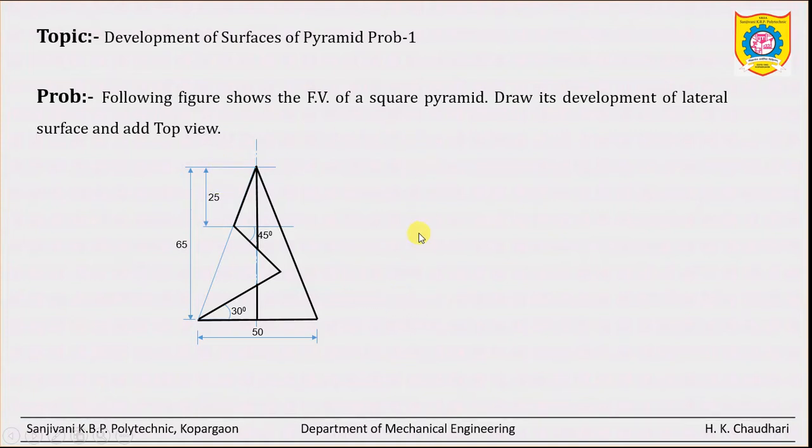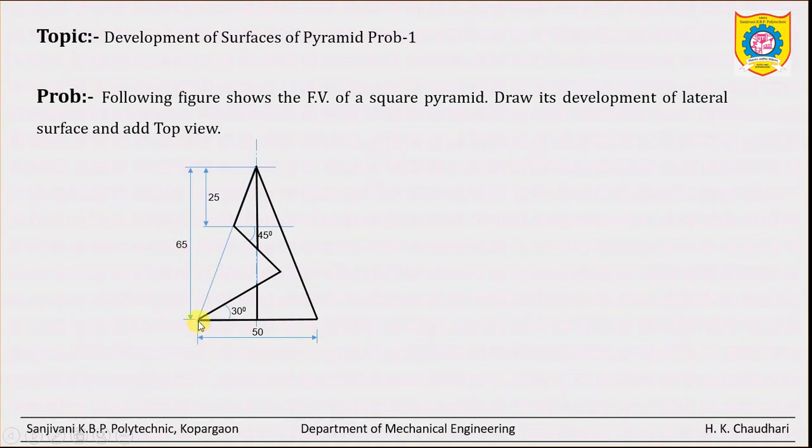So given is the front view of the pyramid. Our aim is to draw the front view first. See the dimensions. The overall height of the pyramid is 65 mm.